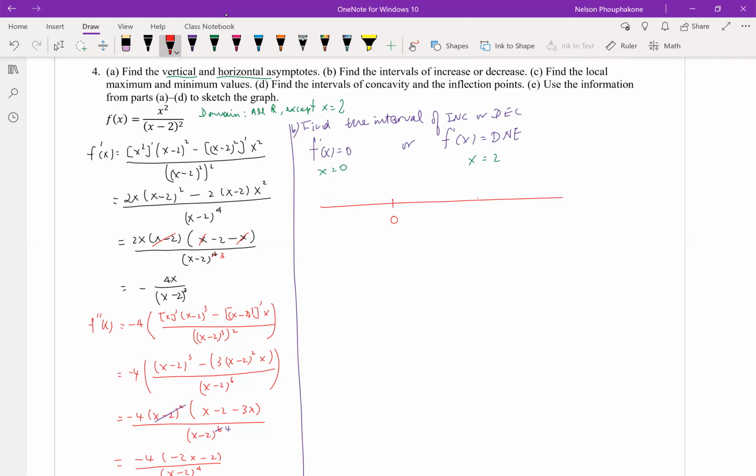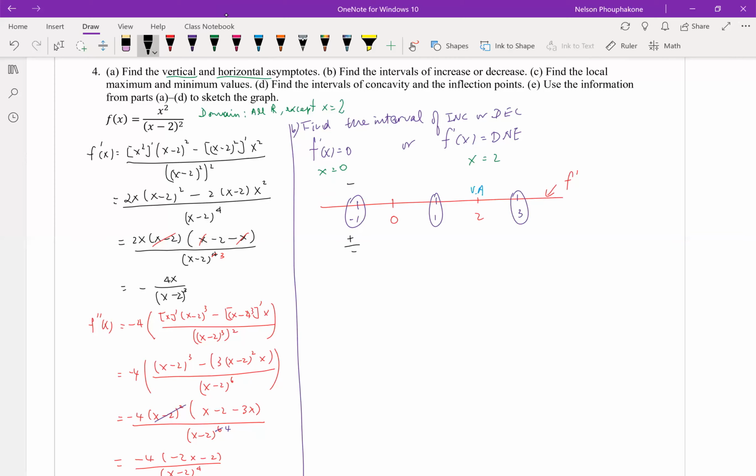I have 0, I have 2. This is f prime. I'm choosing negative 1, 1, and 3. Remember, this is my vertical asymptote. As before, this is negative, positive, negative.